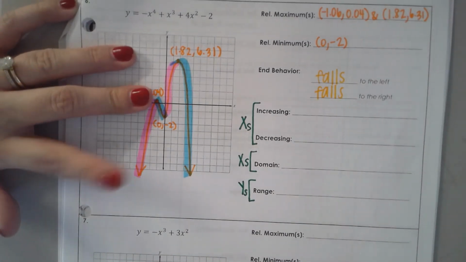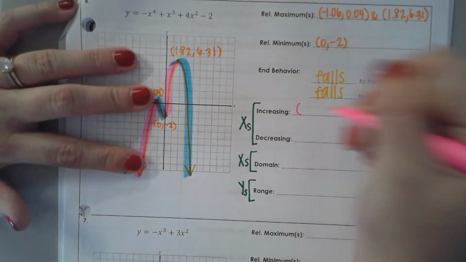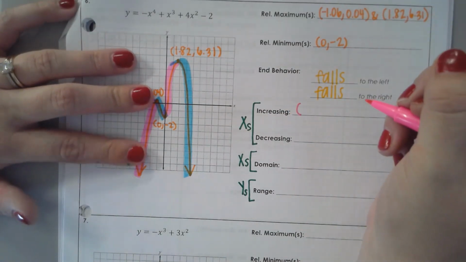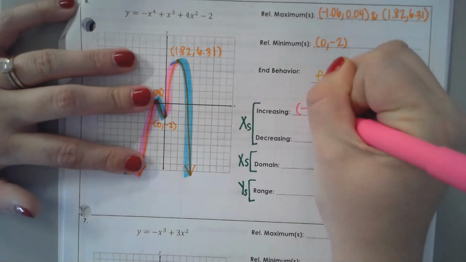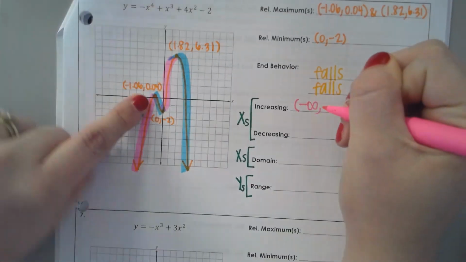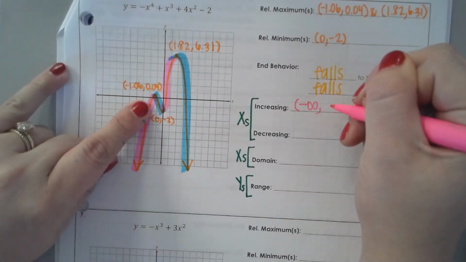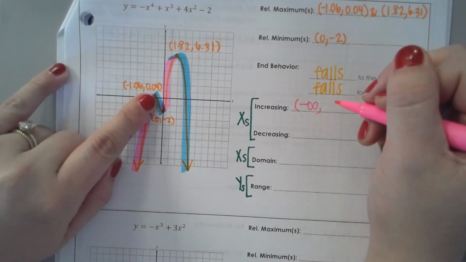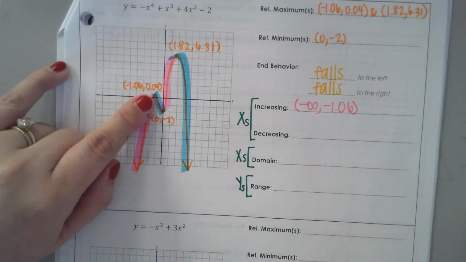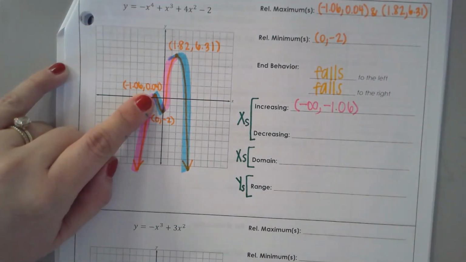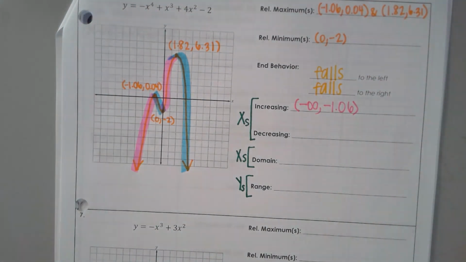Where does it start? Negative infinity. And it stops where? Negative 1.06. Good.